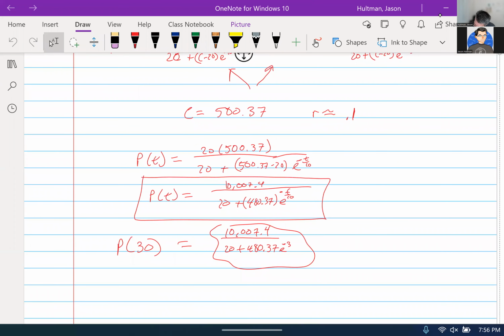So yes, the negative works, and it's 227.87, roughly 228 in the population after time 30.